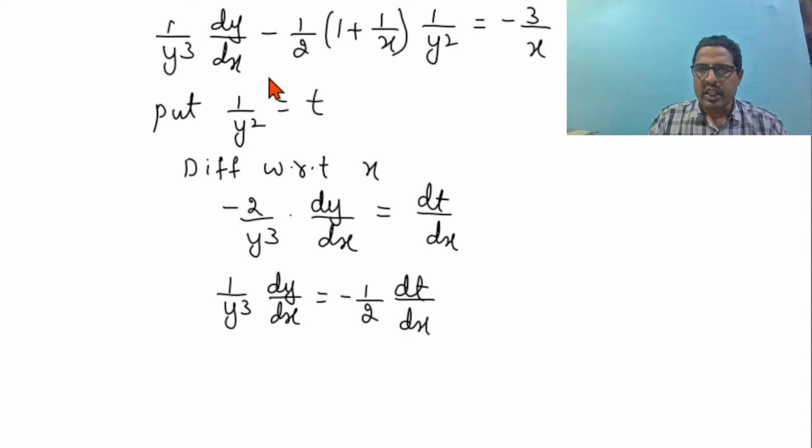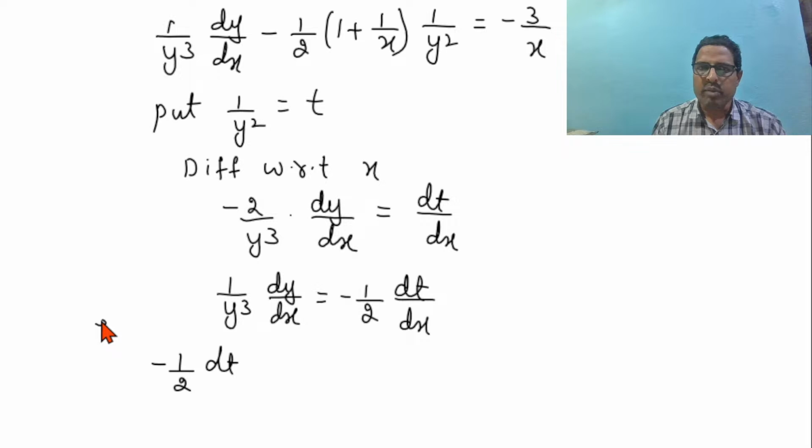Now you can plug in these two values, 1 by y square as t and 1 by y cube dy by dx as minus 1 by 2 dt by dx in this particular equation. So you will get the equation as minus 1 by 2 dt by dx. If you want, you can take this as equation number 1.